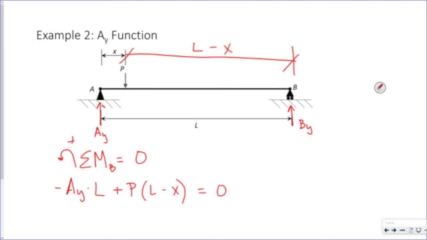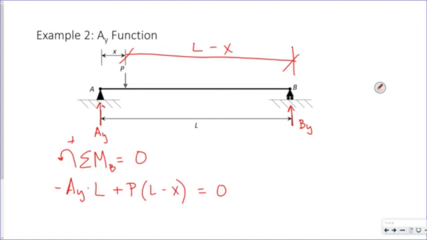Right? The length of my beam is not changing. I'm not taking a stress or a moment or shear along the length. I'm saying, what happens to my reaction at A if my load moves? So my variable X is the location of my load, right?